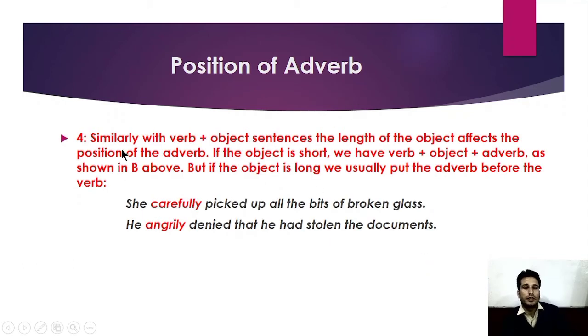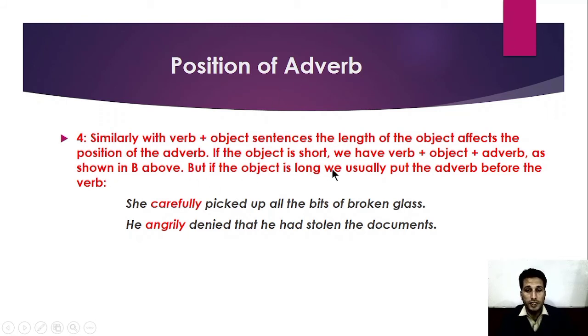Position of adverbs. Similarly, with verb plus object sentences, the length of the object affects the position of the adverb. Remember, if the object is lengthy, it can also affect the place of the adverb. If the object is short, we have verb plus object plus adverb, as shown in the above example.